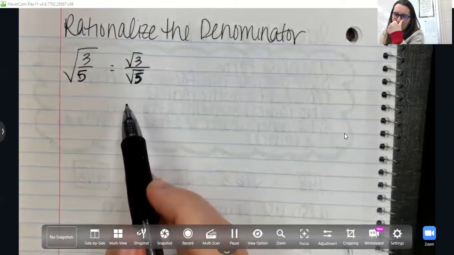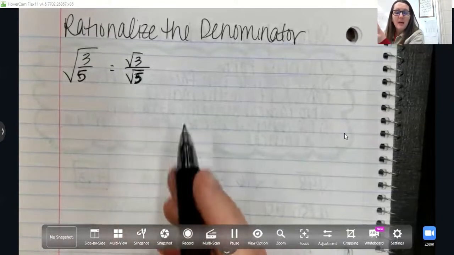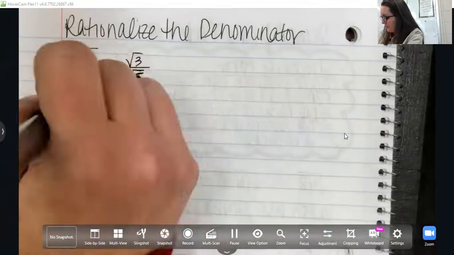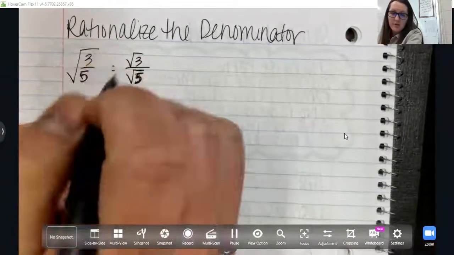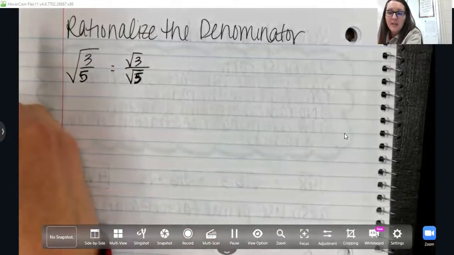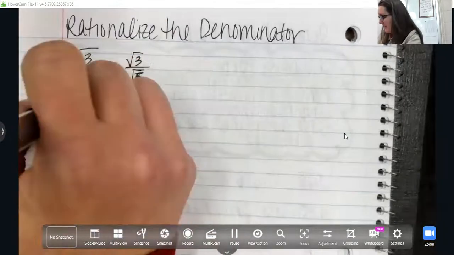So I need to change the number without actually changing it. And how do you do that? What can I multiply by a number to change the way it looks, but not what it is? This is called your property of identity, right?